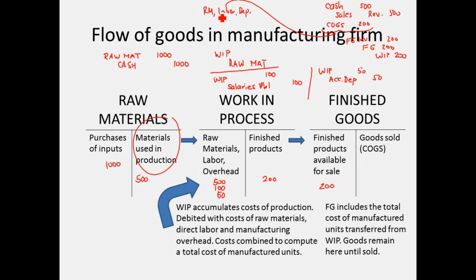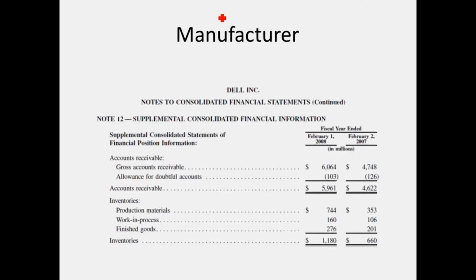It's just embedded in there, and instead of being recognized every period, it gets recognized as the goods are sold. Is it really a problem that it's not recognized every year? Well, not really, because inventory is a current asset, so it should turn over at least once a year. So yeah, a little depreciation from the previous year could be recorded this year, and so on and so forth. But the whole point is we're matching the revenues and the expenses. Okay, and that's the idea.